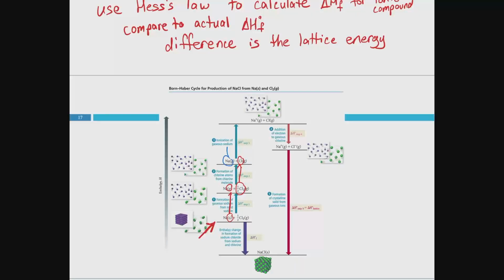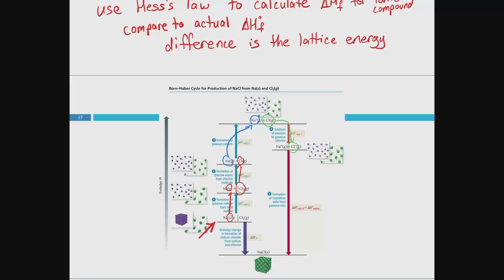So we're going from sodium to sodium plus, sodium ion. We're going then from atomic chlorine to chloride. And then we would expect that these two things would just latch together, and that would be our endpoint.